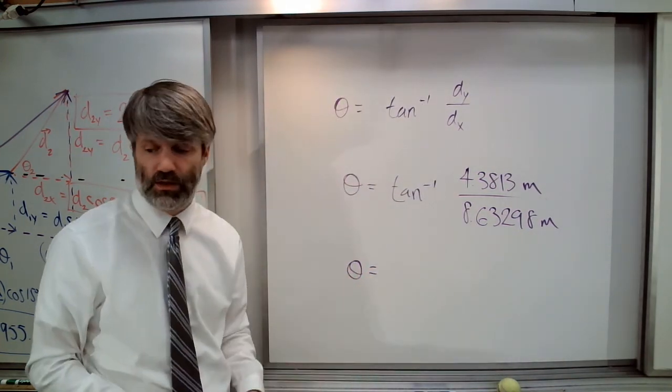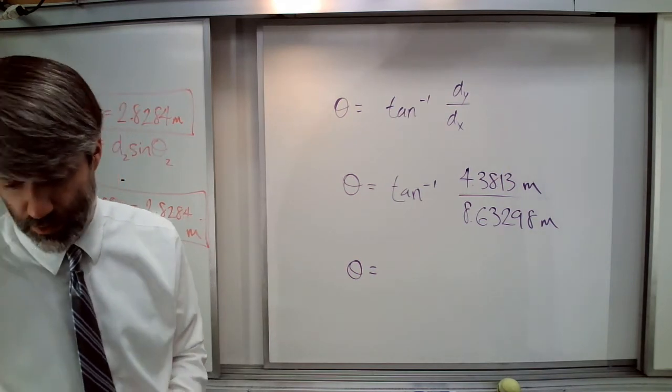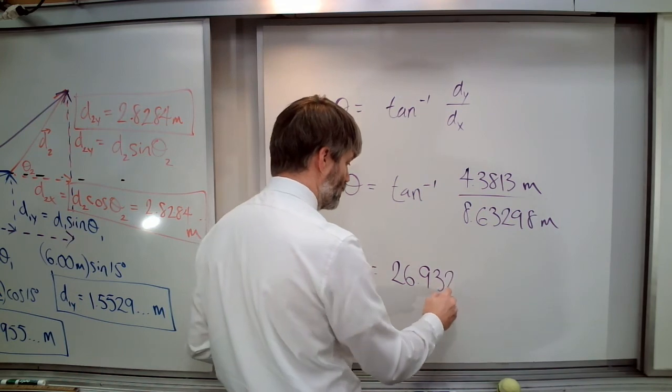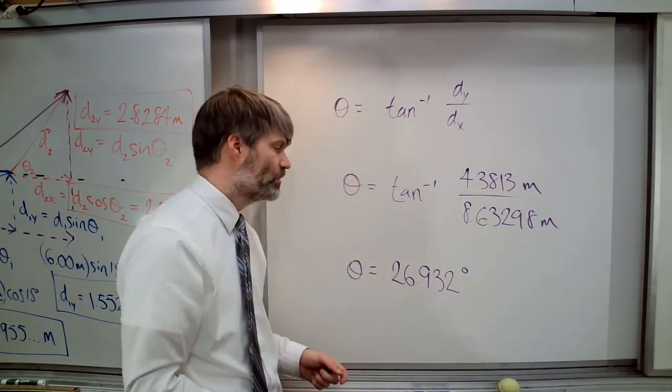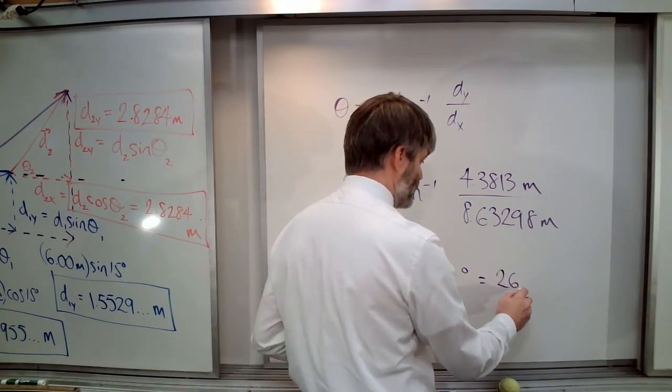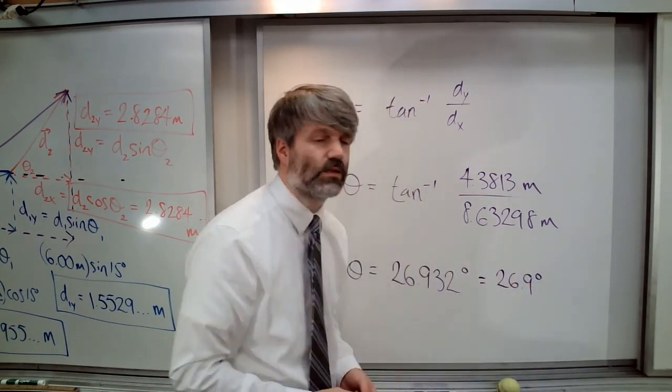In doing so, theta of our resultant vector is going to be 26.932 something degrees. We'll round that to 3 significant figures for you. You've got 26.9 degrees.